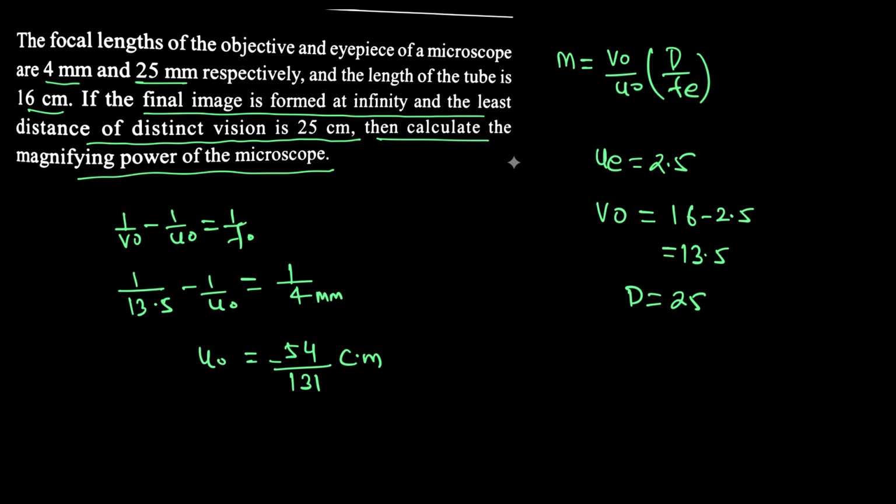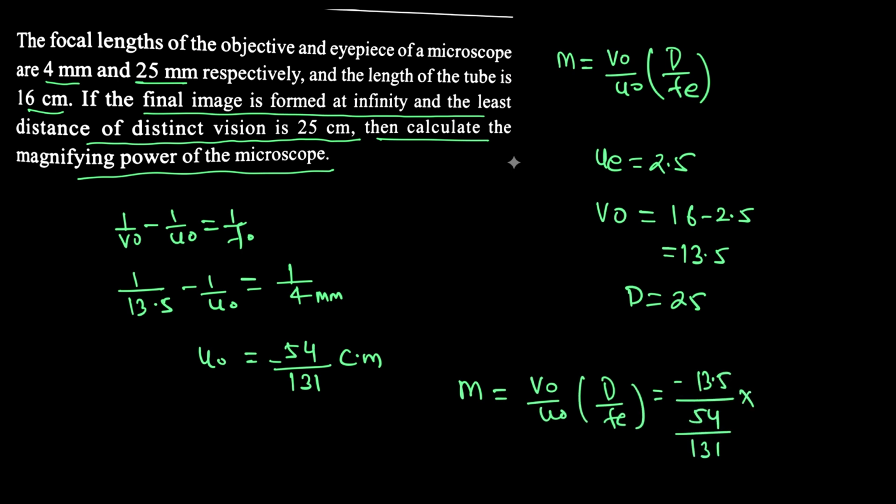So after calculating UO, what is the magnification formula? Magnification is VO divided by UO times D divided by FE. If I substitute the values, that is equal to minus 13.5 divided by 54 by 131, into 25 divided by 2.5, and if I solve this whole thing, we are getting 327.5. So this will be the magnification of the microscope.